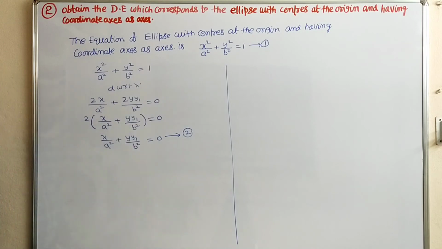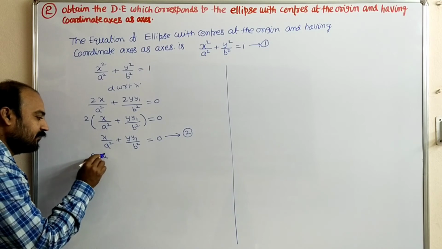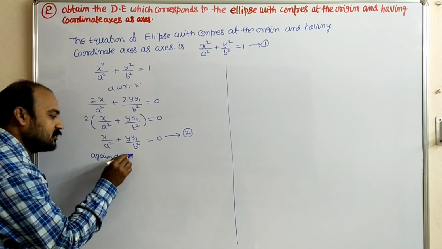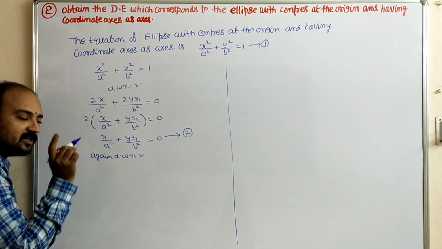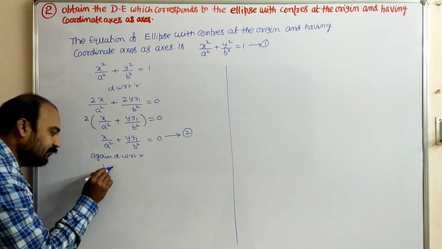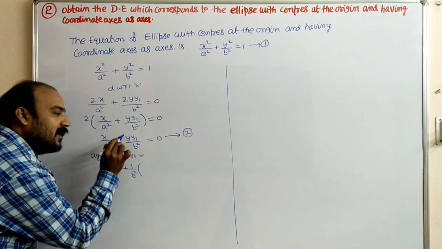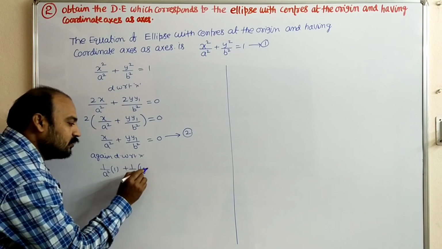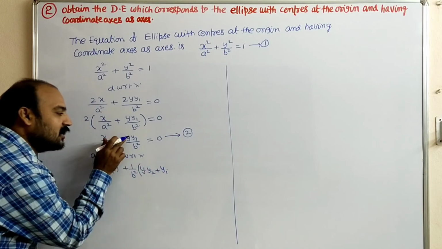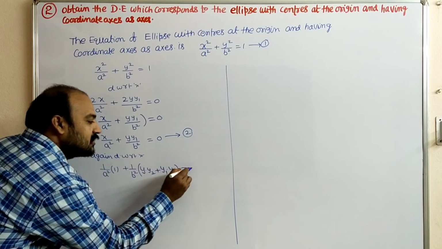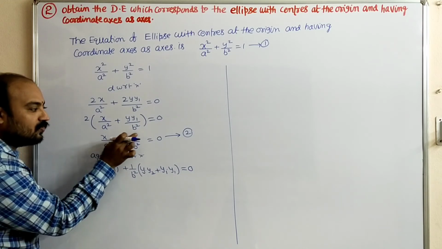Already one we have taken. One more time I have to differentiate. Again differentiate with respect to x. In x by a square, 1 by a square is constant, and the derivative of x is 1. So 1 by a square into 1, plus 1 by b square into y1, using the uv formula. y into y1: y is u, y1 is v.